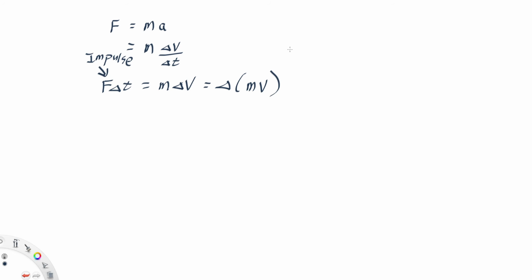And this mv, we just call momentum. So one way of writing down Newton's second law is that impulse causes a change in momentum, right? No impulse means no change in momentum, and this is what we use to study collisions.